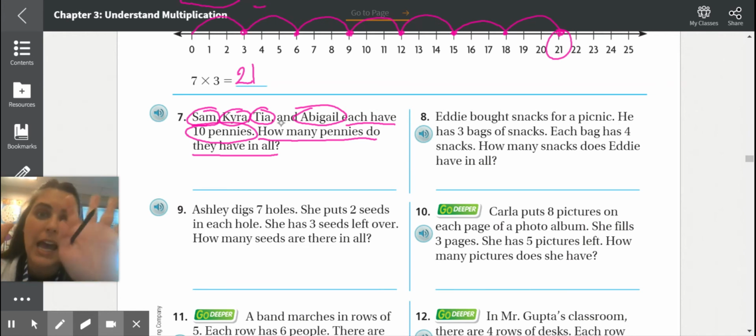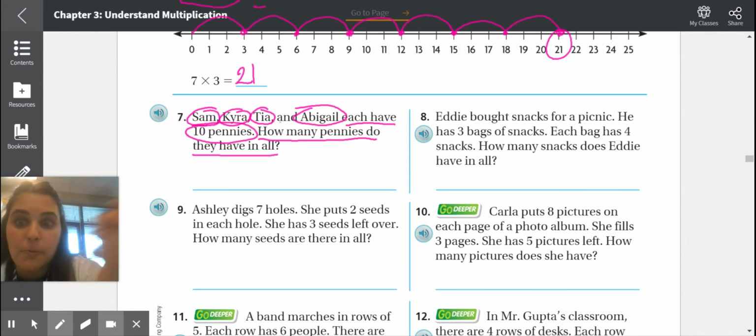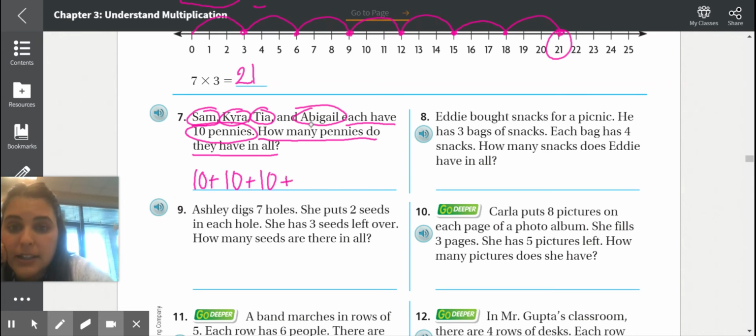And they each have 10 pennies. So that's equal groups. Remember, we can also use addition. So 10 plus 10 plus 10 plus 10, we can count by tens. 10, 20, 30, 40. So they have 40 all together.